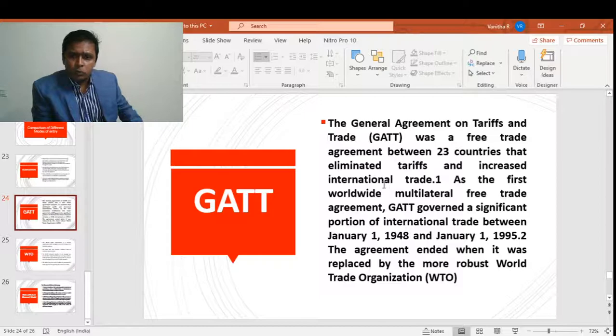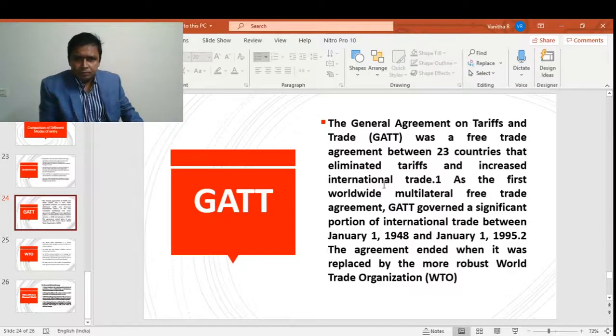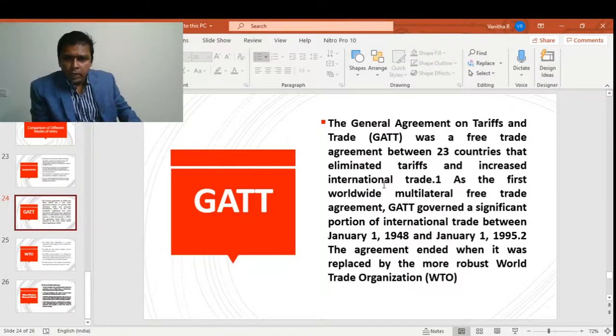Initially, they were 23 countries. They wanted to govern the international market and business, and have their own terms and rules while dealing with their products and services. It started in 48, and it ended in 19.